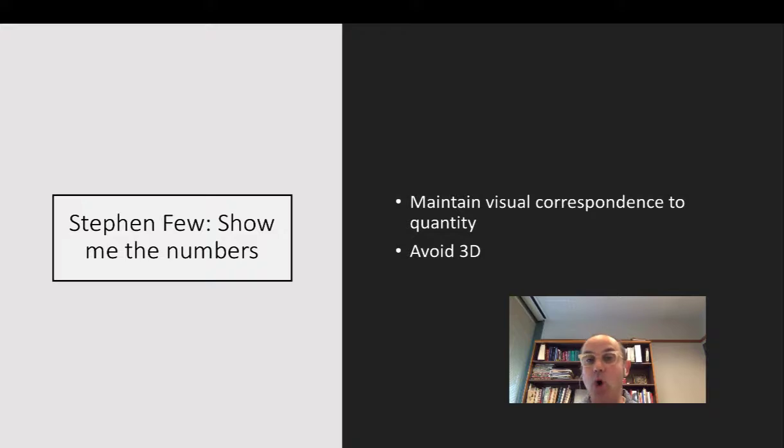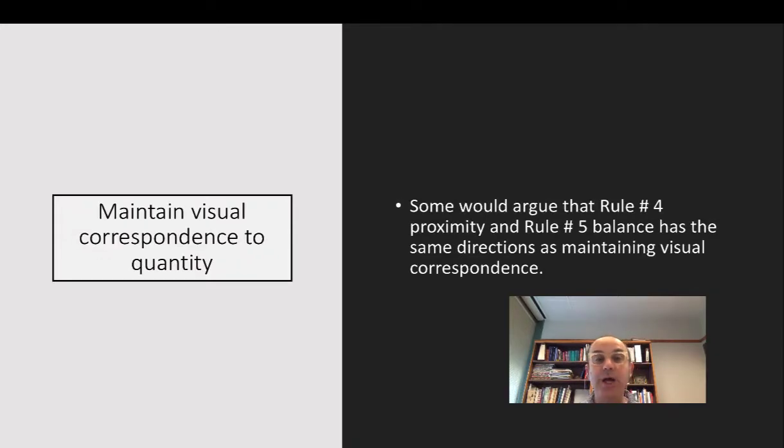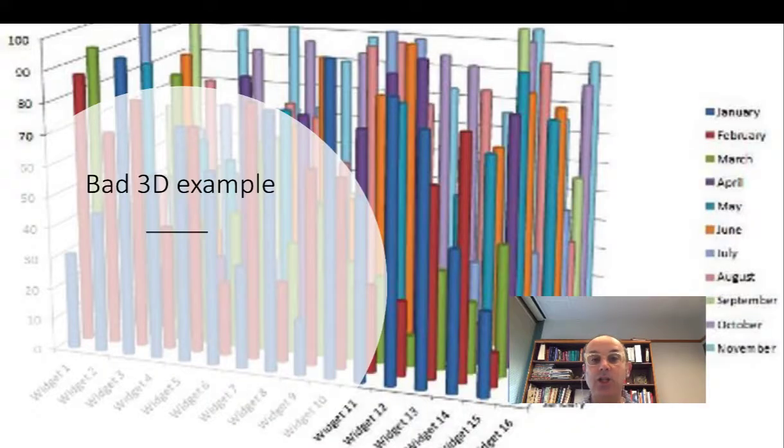Okay, so now I'm going back to our textbook to talk about how to maintain visual correspondence to quantity and how to avoid 3D. One of the things our textbook repeats again and again, in line with rule number 4 and rule number 5, is maintaining visual correspondence.